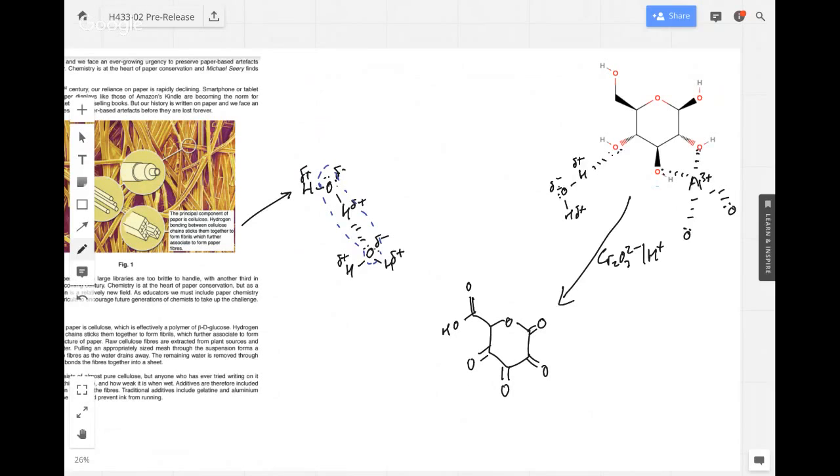I don't think that's what you really get if you oxidize glucose, but the point is we do have secondary alcohols in this molecule, and we do have primary alcohols, and therefore we need to sort of look at that.